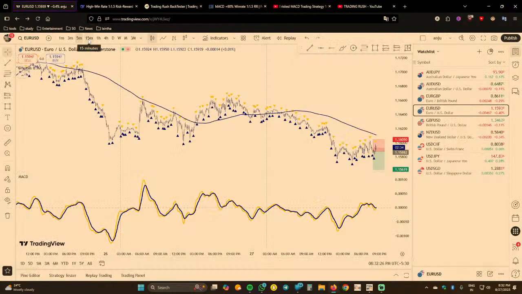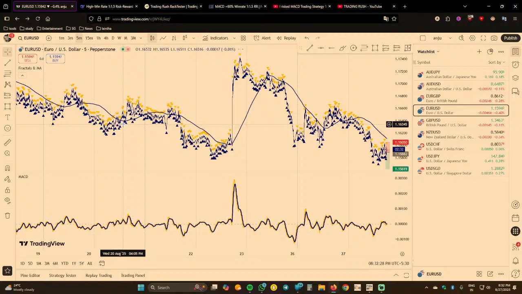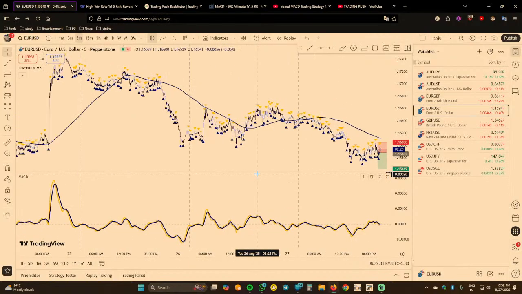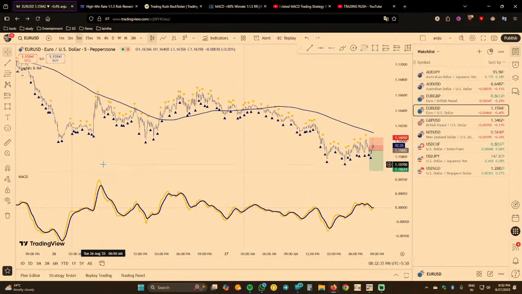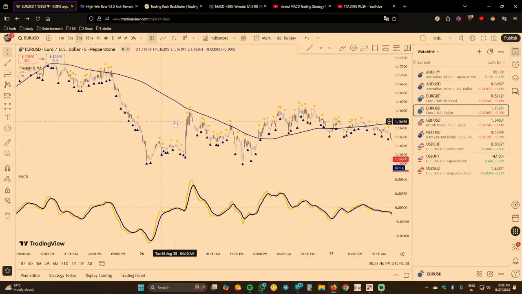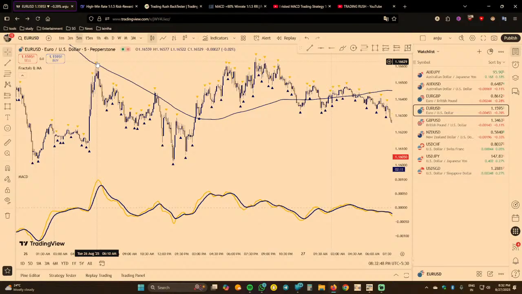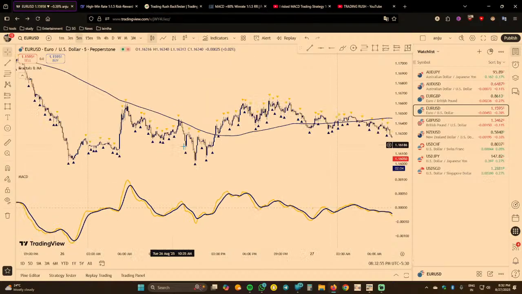You can use a VWAP, you can use whatever you want, but your entry trigger will be a MACD first thing, and your stop loss will be based on the fractal. Some people are using the recent swing high. We'll use the fractal, the most recent fractal high. If there are 2 or 3 fractals, we'll use the closest, the highest or the lowest fractal. So that's what we'll be doing.